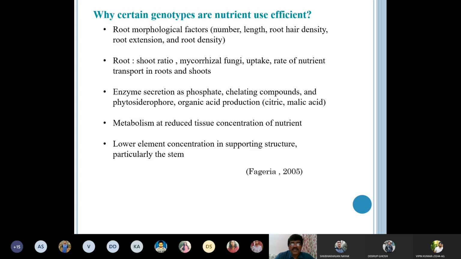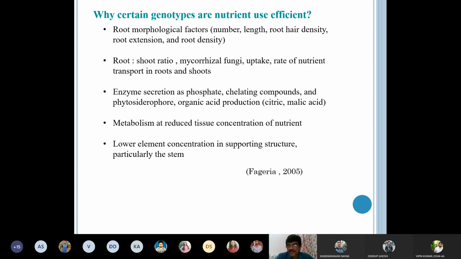Now, why are certain genotypes nutrient use efficient? We explained, and you can go through all these explanations. Mainly differences occur in the roots. Root hairs may be more, root length may be more, roots may be finer for nutrient use efficient genotypes, and also the root shoot ratio may be more, and mycorrhizal fungi association may be there with a particular genotype.